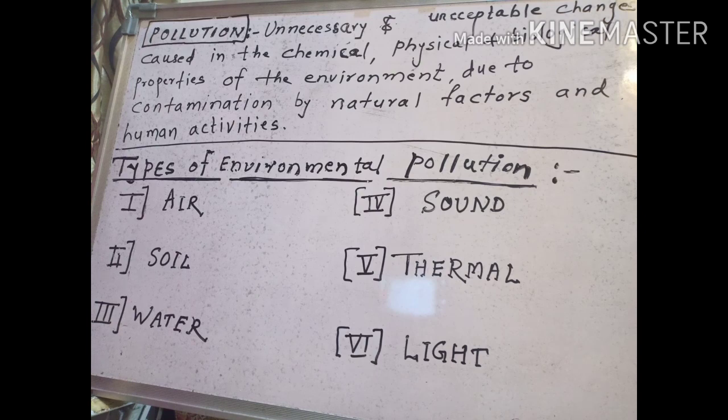Now there can be a lot of changes. For example, a change in the physical property of the environment could mean the proportion of carbon dioxide increasing. The biological changes: some species of living organisms can get endangered or they may be on the verge of extinction.